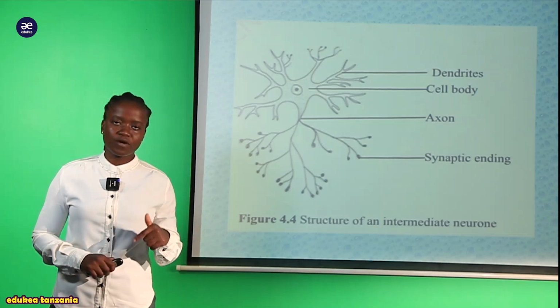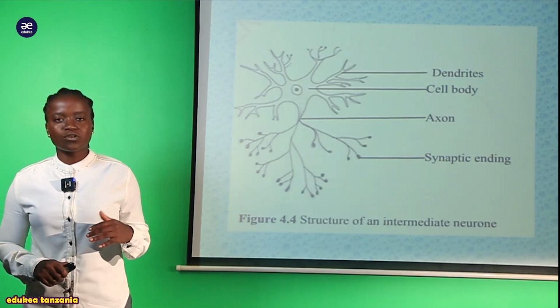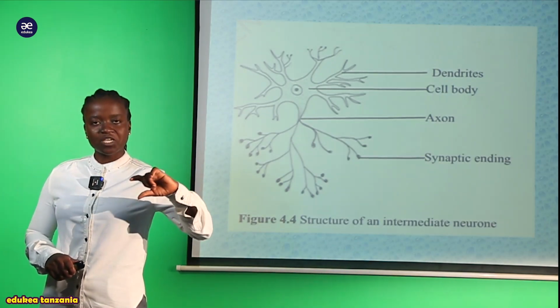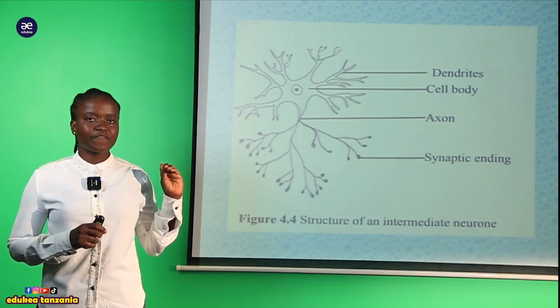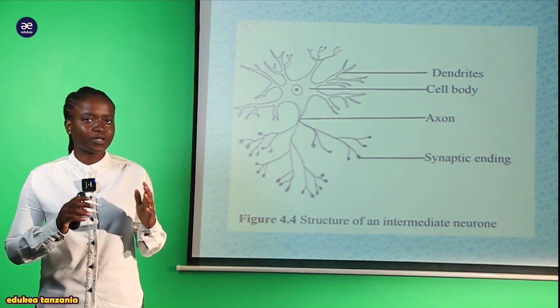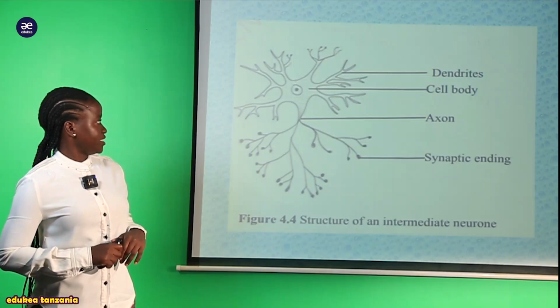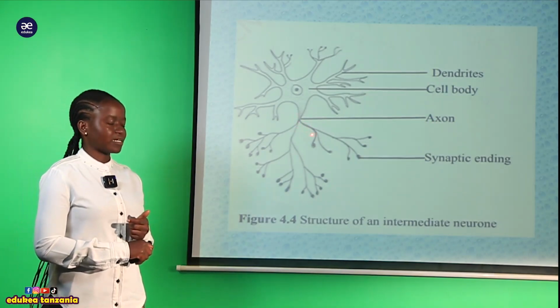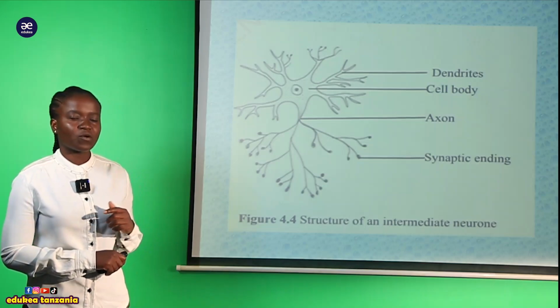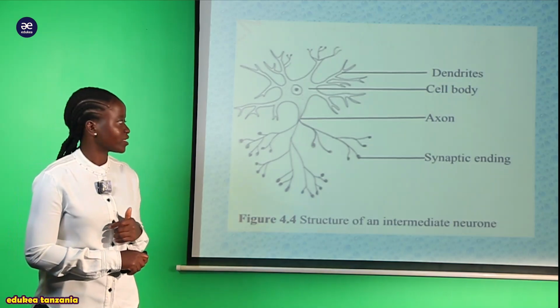You know the function of the axon: it transmits the electrical signal from one region of the neuron to another for interpretation. And this axon is very short, as you can see in the diagram, compared to the rest of the neuron.